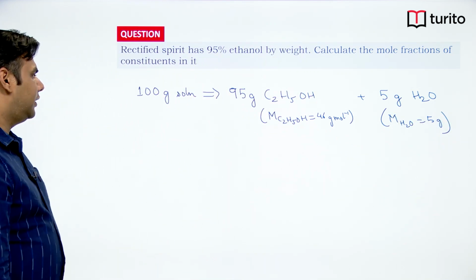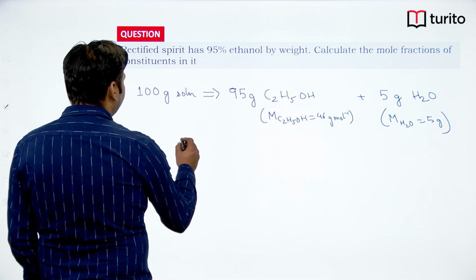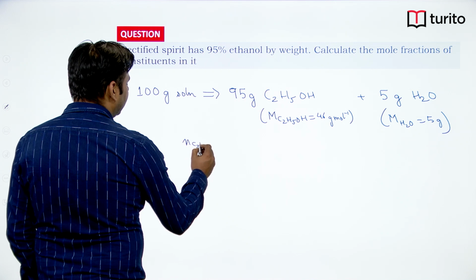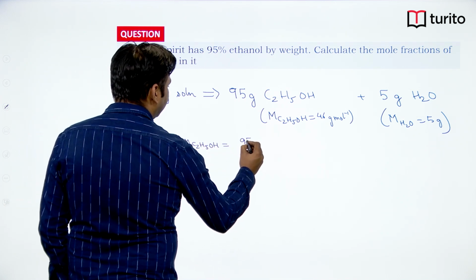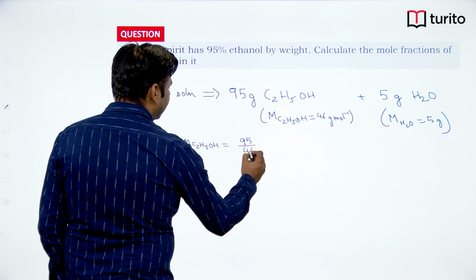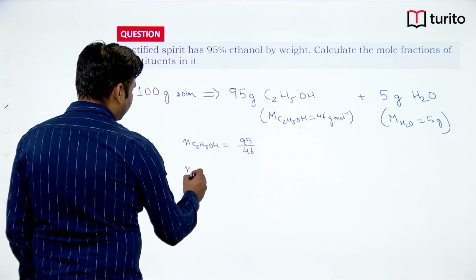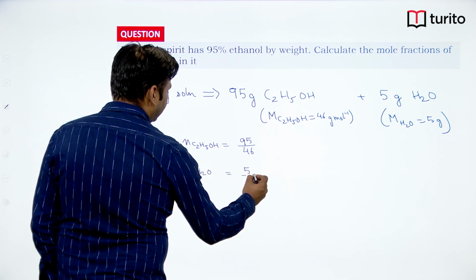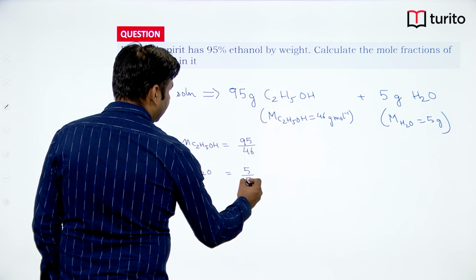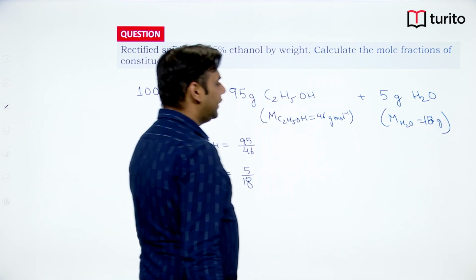It is written like that only, but you know that it is molar mass. So the number of moles of ethanol in this case would be 95 upon 46. The number of moles of water in this case would be 5 divided by 18. The molar mass of water is 18.